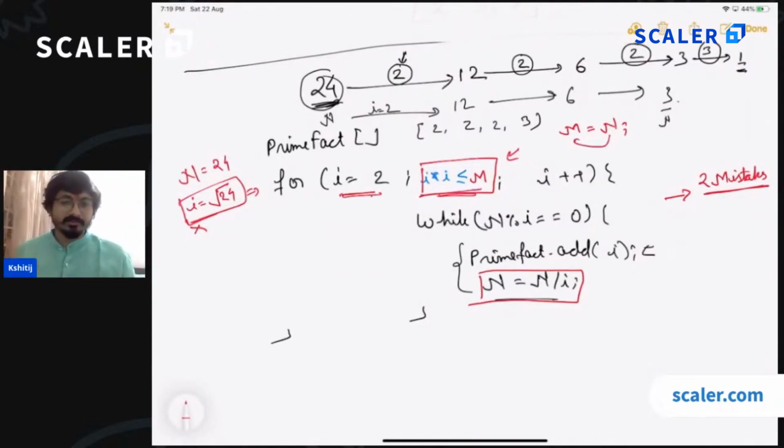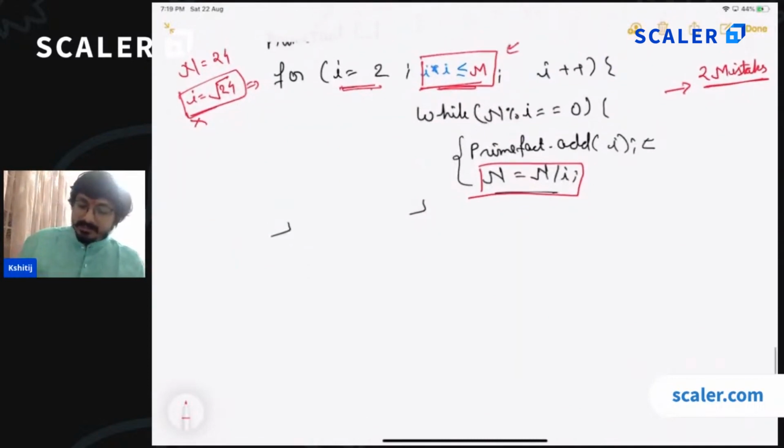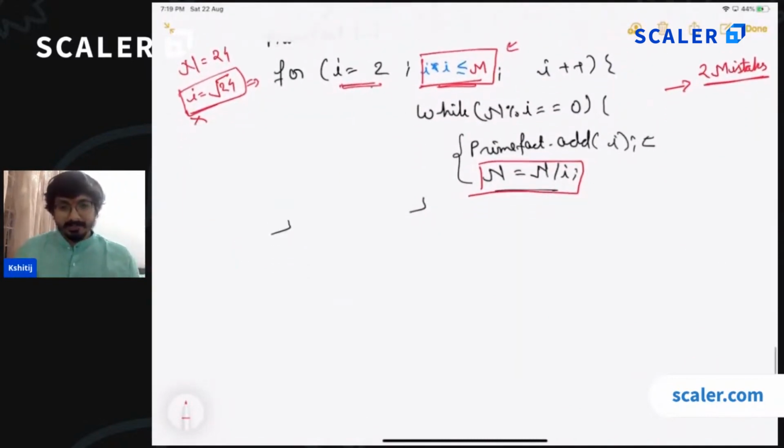The other mistake most of you have already pointed out, which is that if the number is already prime, or maybe the number is having a prime factor which is greater than square root of n, right?